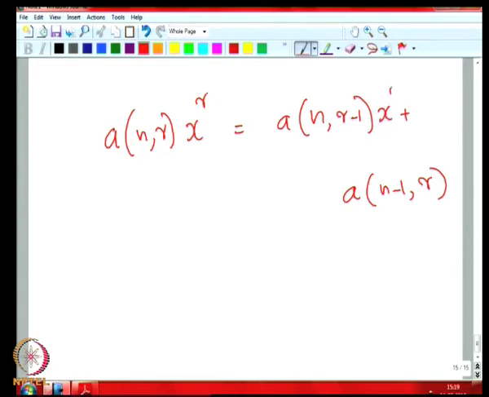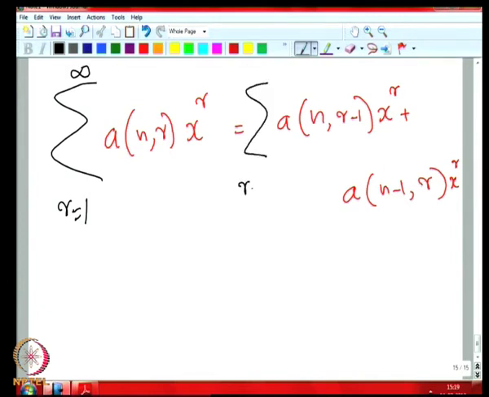Here also we multiply by x raised to r, here also we multiply by x raised to r. Now, we sum r equal to 1 to infinity, and this should be summed from r equal to 1 to infinity, and this also summed from r equal to 1 to infinity.